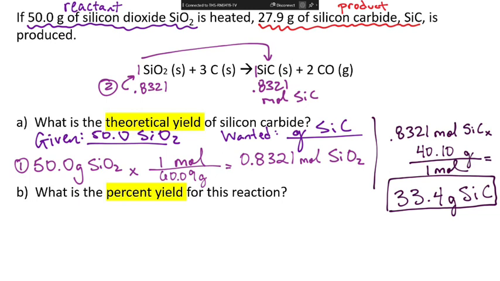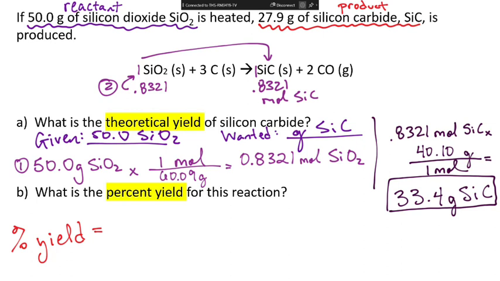Percent yield is going to be easy now. Percent yield is just where we divide the actual over the theoretical. That gives us a decimal, and we want to change it to a percentage for our final answer. So, percent yield: it's the actual amount.